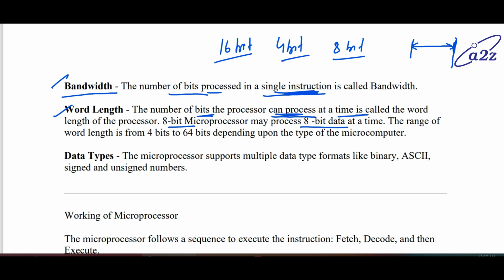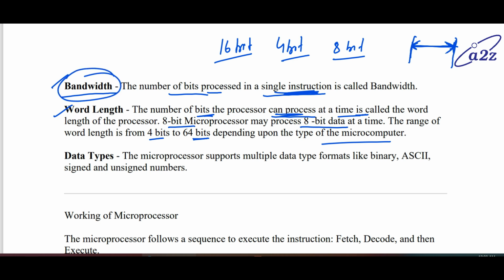The range of word length is from 4 bits to 64 bits, depending upon the type of microcomputer. Bandwidth is the space in which the number of bits can be provided to the instruction. Like 8 bit का data provide कर रहे हो, 16 bit का data provide कर रहे हो, कितने bit का आप data provide करो, that is the bandwidth.